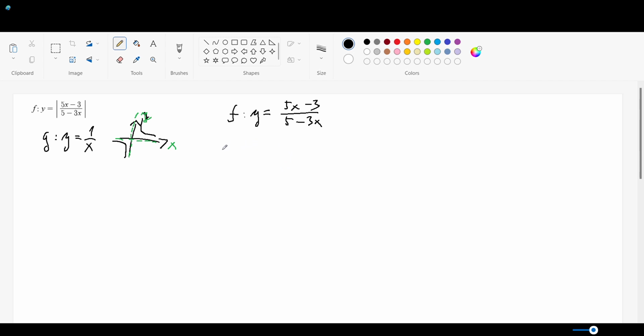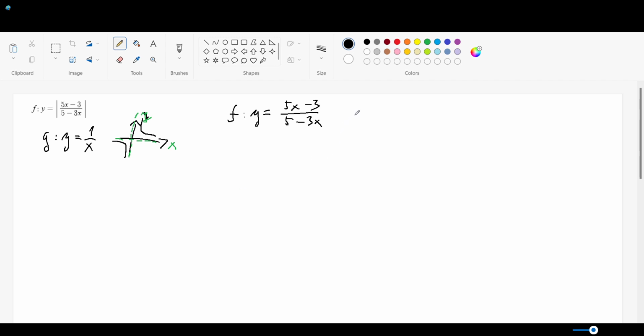If we apply the transformation absolute value of f of x, it means we just flip all the parts of the graph which are below the x-axis in symmetry above the x-axis. So let's try to sketch this graph.